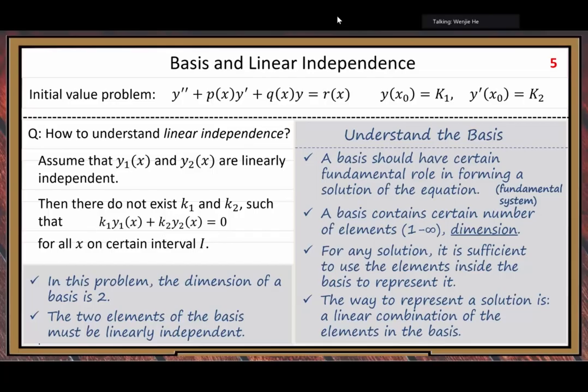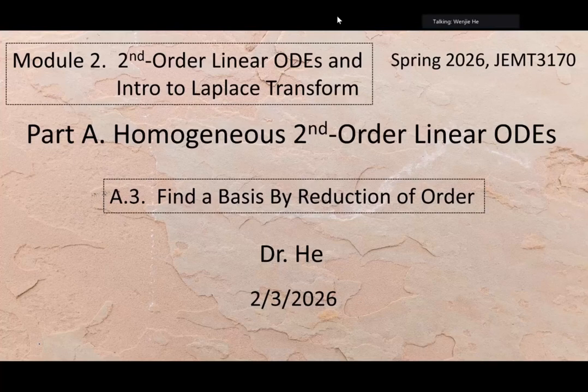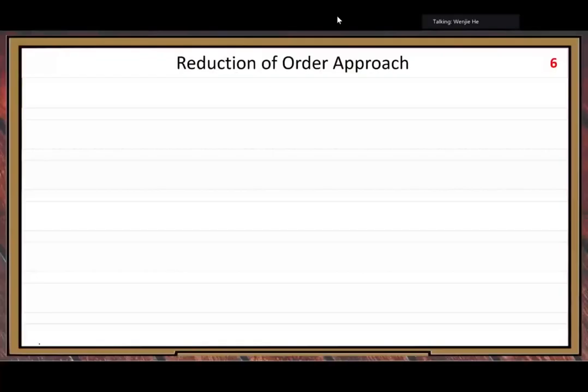Now, we need to find a basis by reduction. Find the basis by reduction. At the same time, we need to see how to check if two functions are independent. So here, the reduction of order approach.